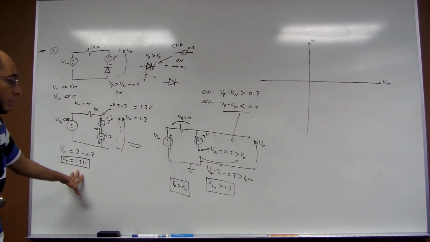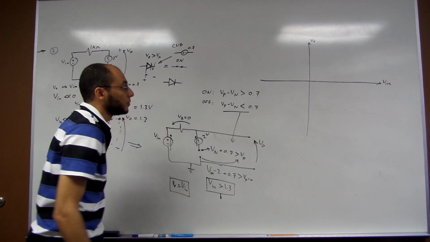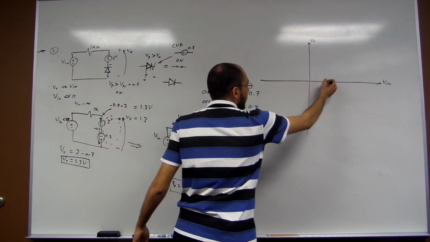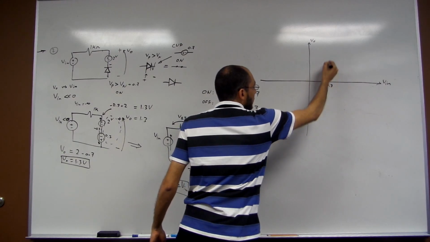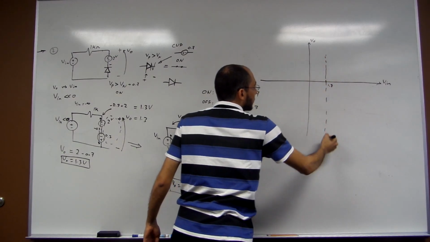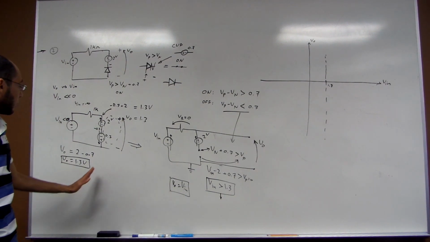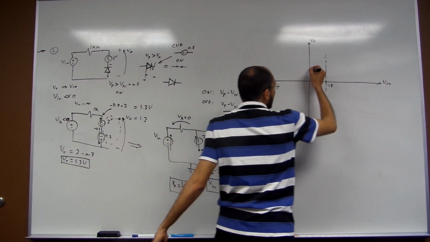Okay, so since we have solved this problem, V output equals V input, and the threshold is at 1.3. So that's 1.3. Before 1.3, V output was equal to 1.3.